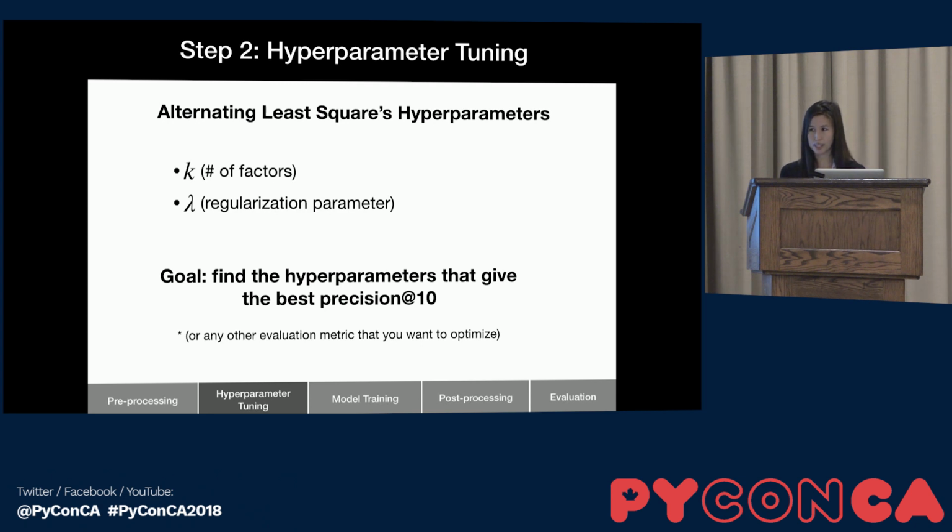We're going to try to tune K, which is, if you remember the matrix factorization slide that I showed, the number of factors or latent features of our model, and lambda, a regularization parameter. You don't really have to know what these hyperparameters represent or what they do. Just know that we're going to try all of these different combinations of them and find out which combination will give us the best result or the best precision at 10, which is our goal at this step.